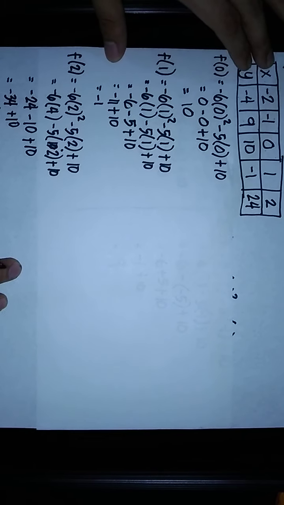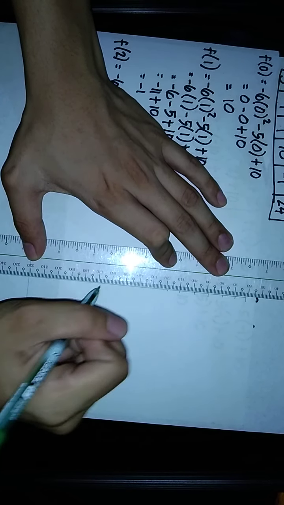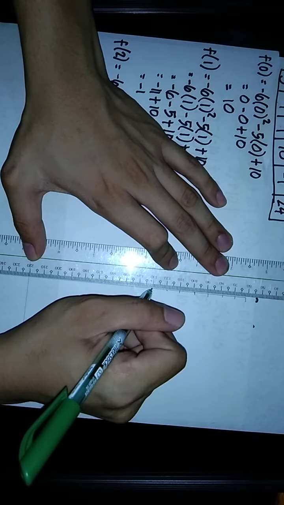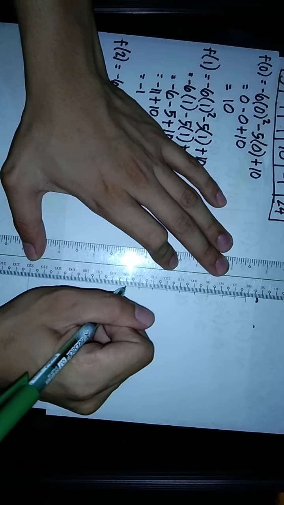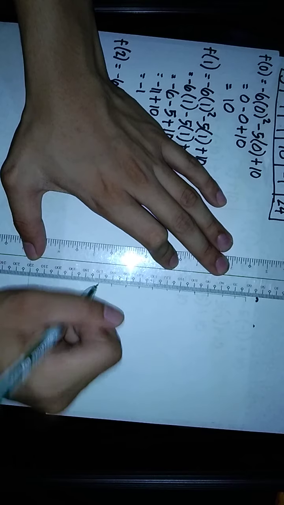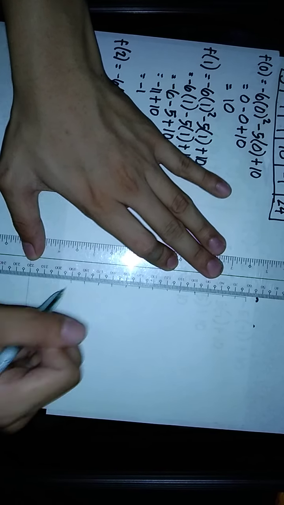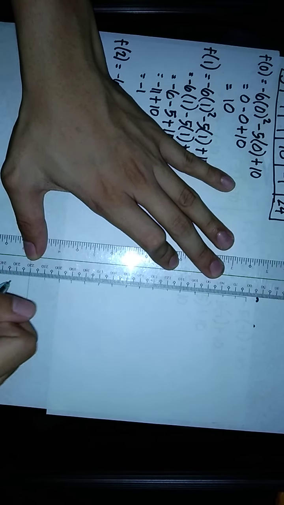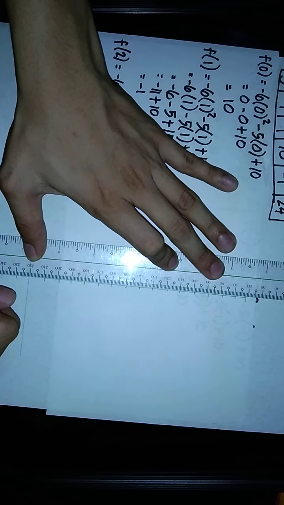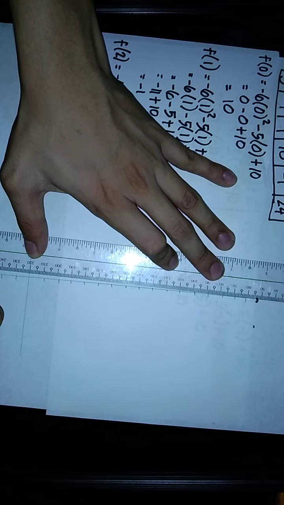So, ngayon, i-graph na natin siya. So, magdadrawing muna tayo ng graph and then we will graph it sa ating papel. So, ngayon, nag-graph na ako. Ang ginagawa kong interval ay by 2's, since malaki kasi yung ating nakuhang value ng ating y. So, assign lang natin siya.